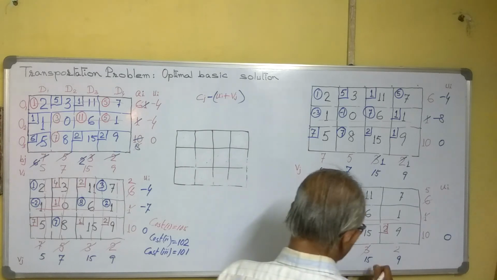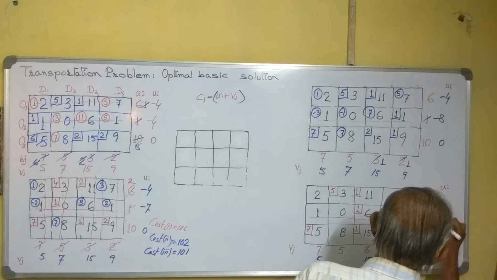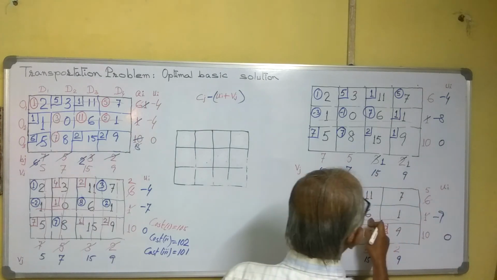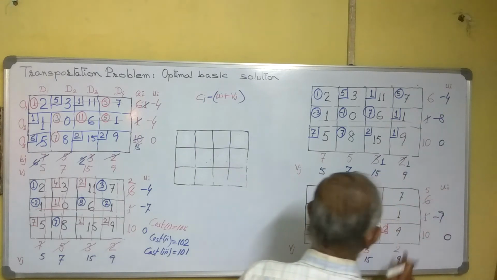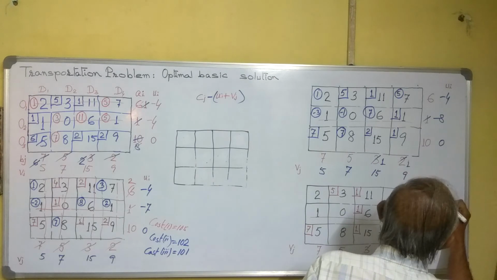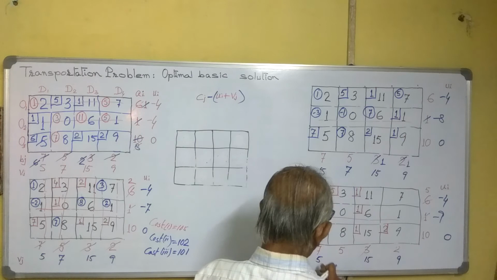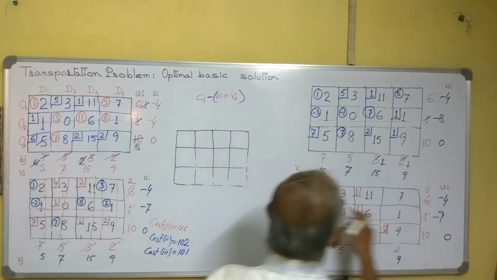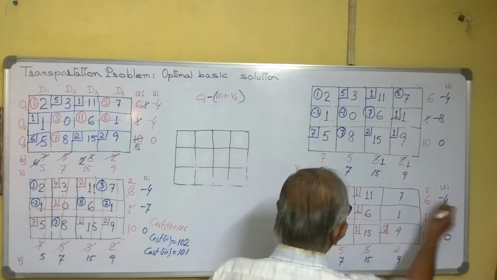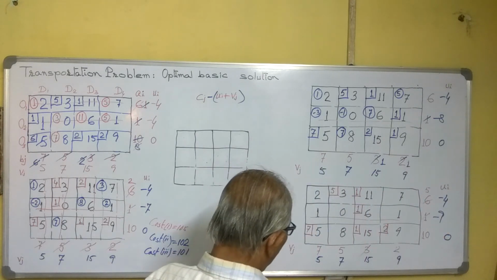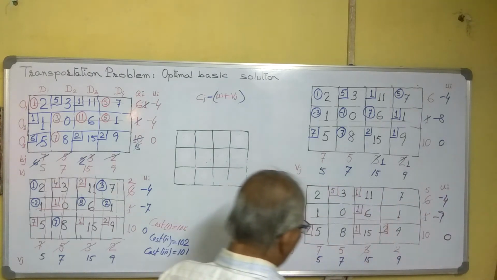Again come here, 15 minus 9 is 6, and 15 minus 4 is 11, and minus 4 we have to make it 3, so 7 minus 4 is 3. So we have found all Ui and Vj for all allotted cells.